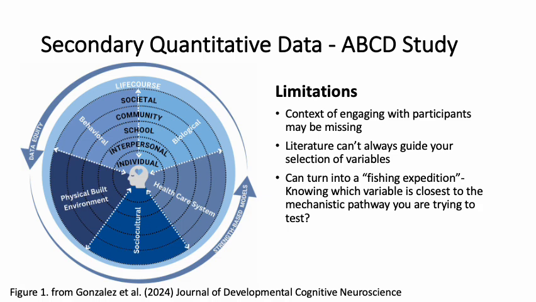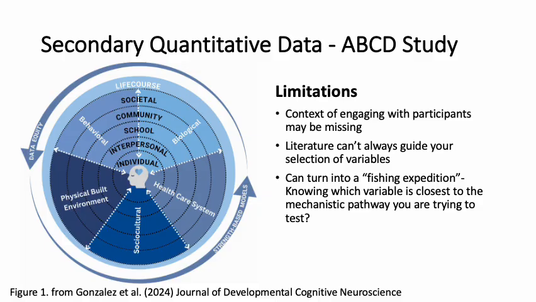Another limitation of a secondary data set is that you may be missing the context of engaging with participants. What I mean by that is that because it's secondary data, you have most likely not had the opportunity, as a user, to participate in the data collection. You will be missing that firsthand experience of interacting with participants, of knowing what the research day was like.